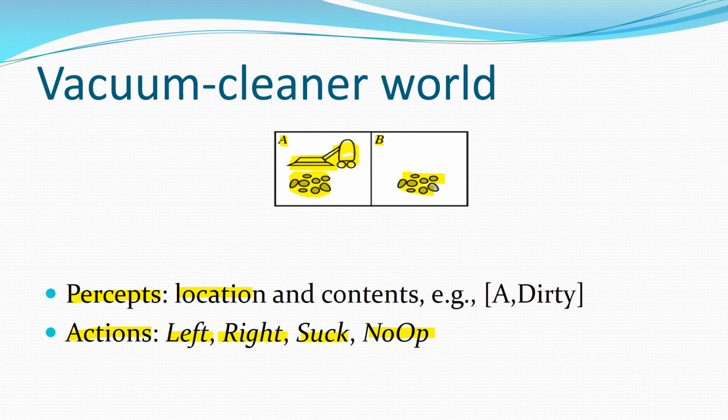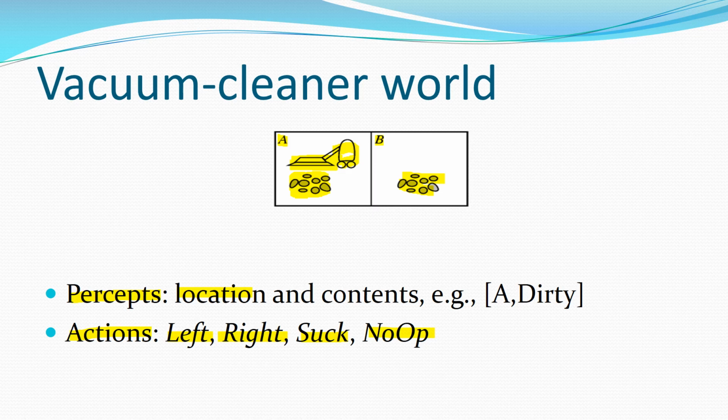That is, the vacuum cleaner will sense if there is dirt or not. If there is dirt, in that case it will suck that dirt. Now it will sense if there is dirt or not. If there is no dirt, in that case it will sense in which room it is. If it is in room A, then it will move right.